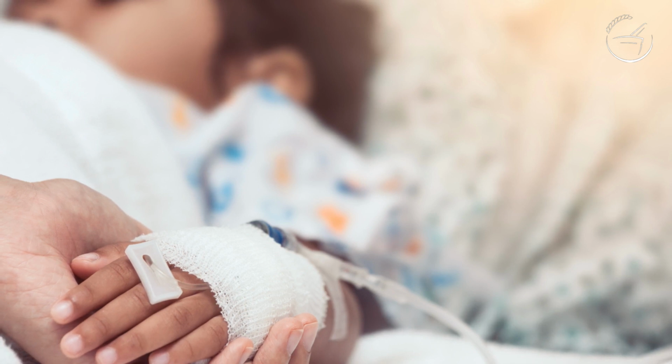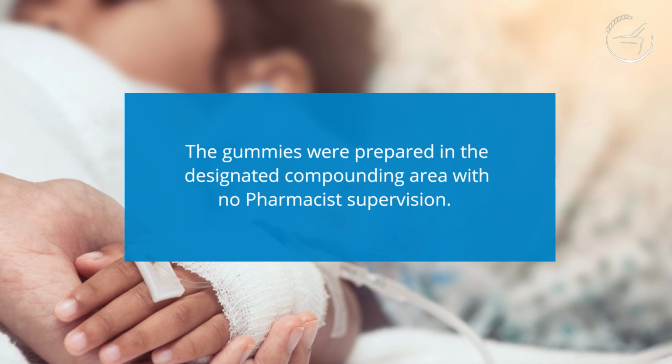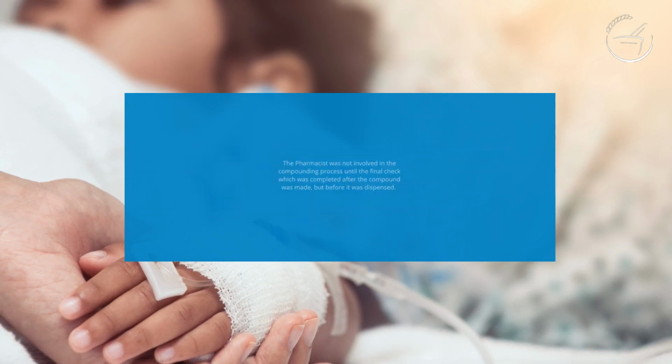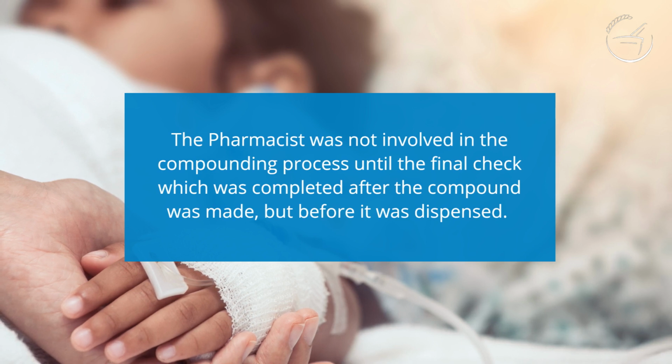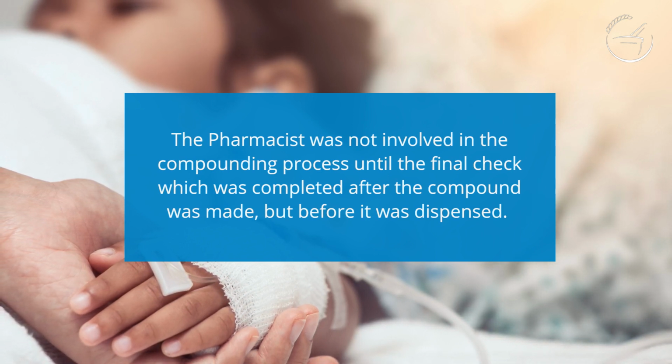Upon investigation of the error, it was discovered that the gummies were prepared in the designated compounding area with no pharmacist supervision. The pharmacist was not involved in the compounding process until the final check, which was completed after the compound was made, but before it was dispensed.